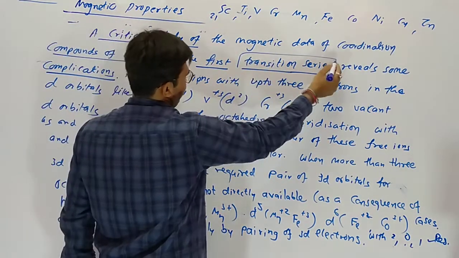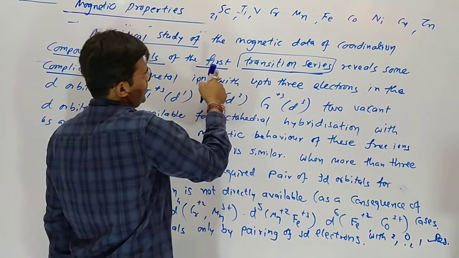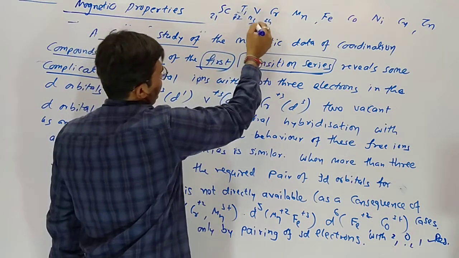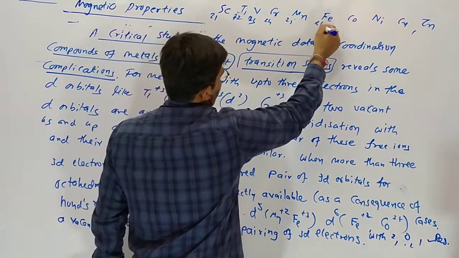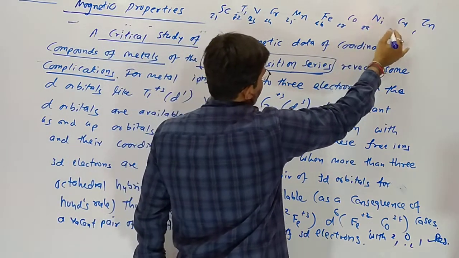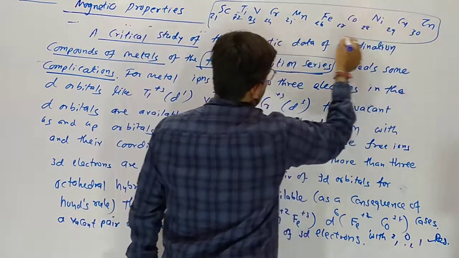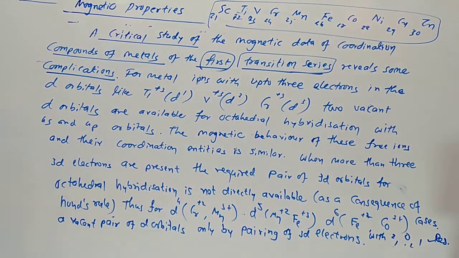Elements of the d block, and the transition series. First series, 3d, atomic numbers 21, 22, 23, 24, 25, 26, 27, 28, 29 and 30. These 10 elements are called first transition series elements, scandium to zinc.